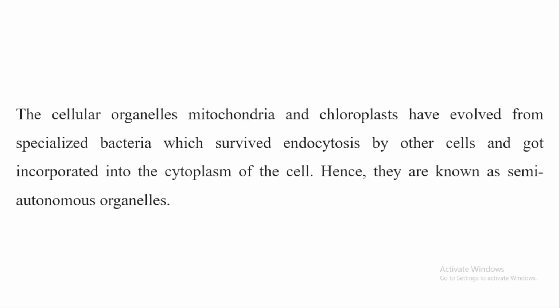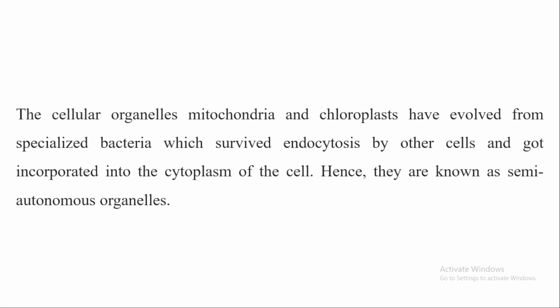So, basically, during the evolution process, some cells have endocytosed. Endocytosis means they have engulfed the cells inside them. Let's say you have a bigger cell and it has engulfed a small bacterial cell. So, that bigger cell has the smaller bacterial cell inside it.